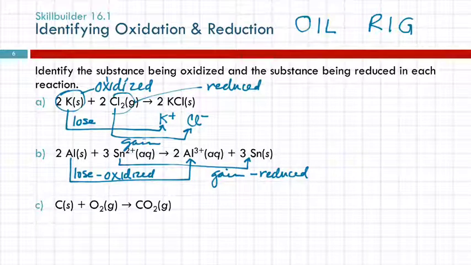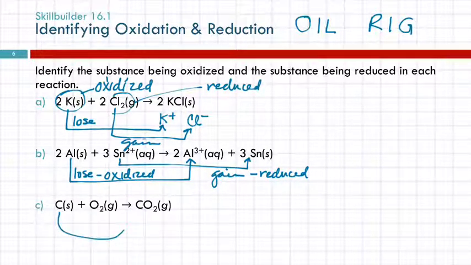This one. We don't have an ionic compound here. We don't have any ions, so what do we do? Well, here we've got oxygen. Oxygen can't gain oxygen. Carbon. Is carbon gaining oxygen or losing oxygen? Here carbon is not connected to the oxygen, and now it's connected to oxygen.